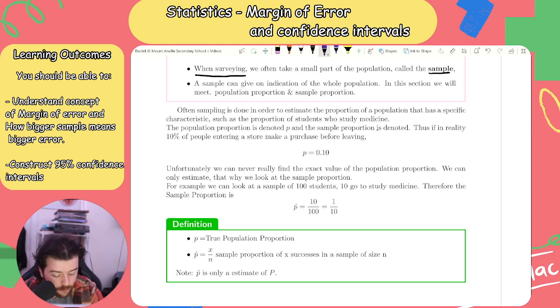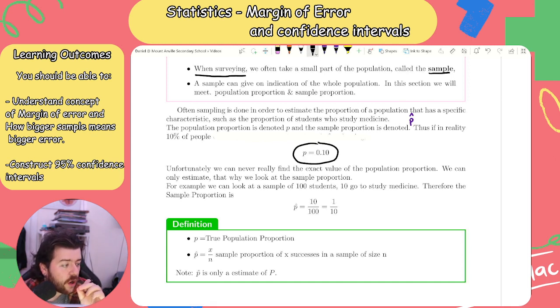The sample proportion is denoted P hat, a little P hat. If in reality 10% of students went on to study medicine, my population proportion is 0.10 or 10%. That's how many of them went on to study medicine.